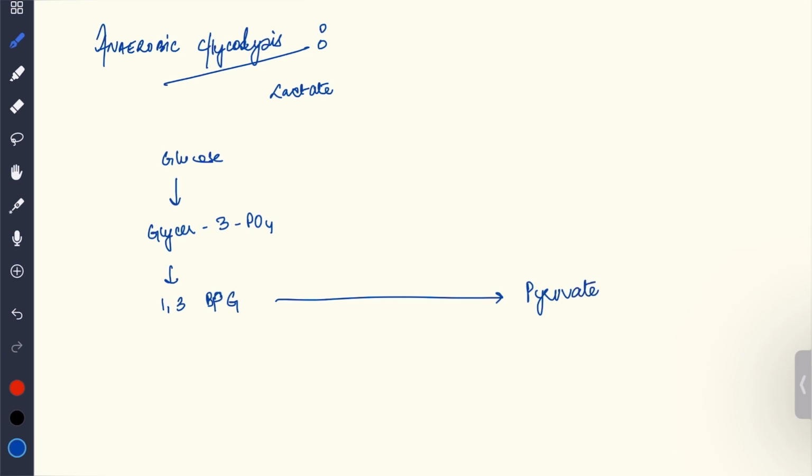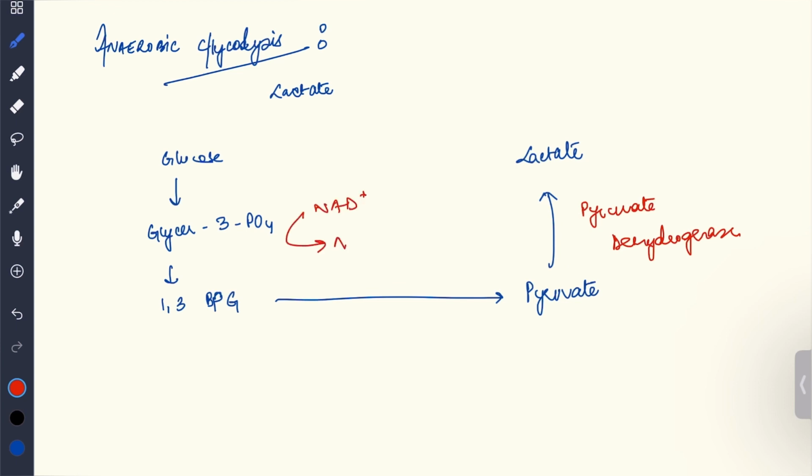Now this pyruvate is being converted into lactate. How does it get converted into lactate? The enzyme used is lactate dehydrogenase, and NADH is being converted into NAD here.